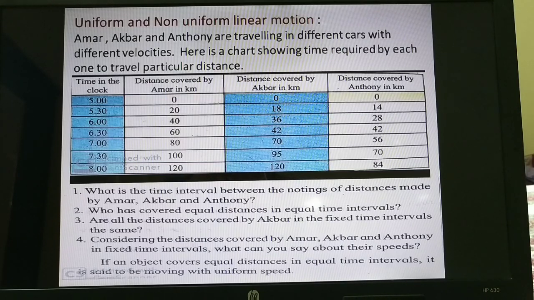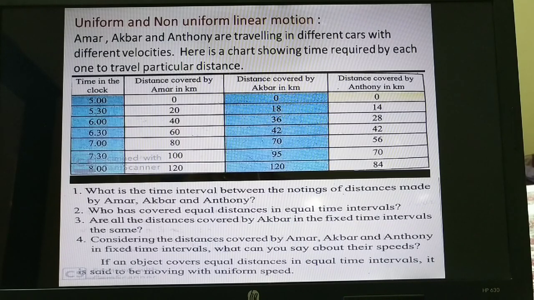Yes, Akbar and Anthony's speed lowered, and Amar was traveling continuously with the same speed. As you go down that chart, you will find at 8 o'clock Amar was at 120 km, Akbar was also at 120 km and Anthony was at 84 km. That means Anthony was too slow.